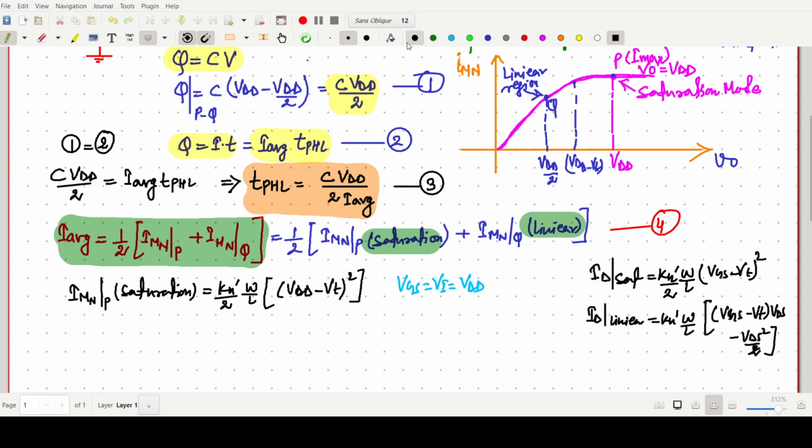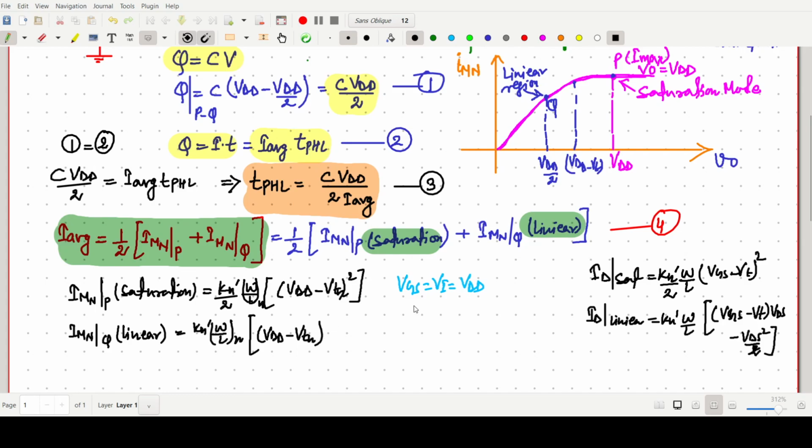Now one more equation for point Q when it is in the linear region. In this case we can write Kn dash W by L, and this one is all for the NMOS, W by L of N. Then very carefully we have to write VGS, that is our VDD minus VTN, because this one is for the NMOS.